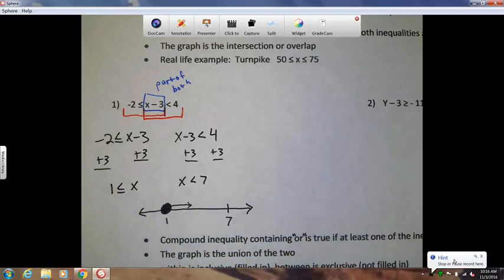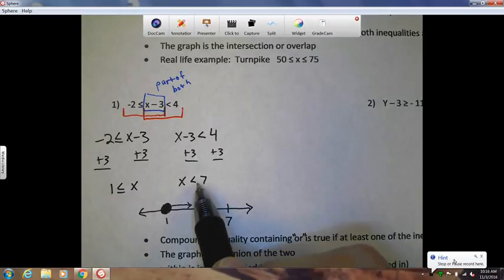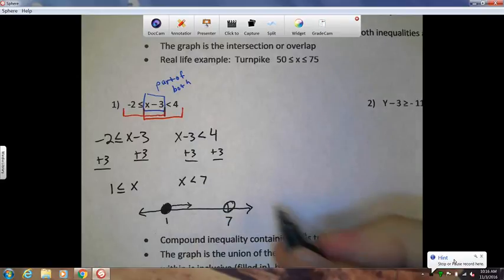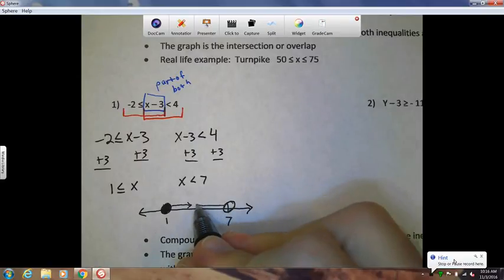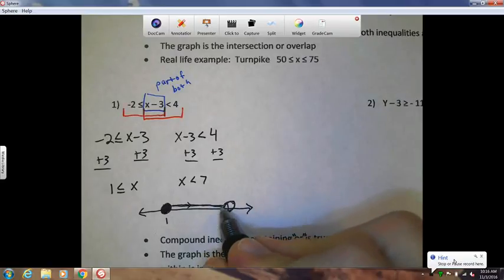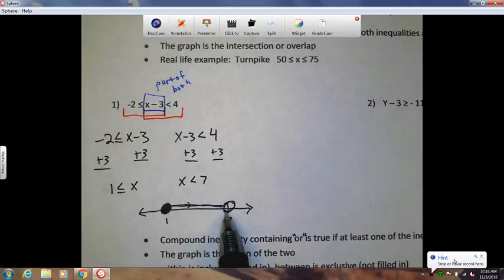Here, it cannot be equal to. Pointing at the variable, so it's going to go left. So here is my graph. It's between these two numbers, including 1. 1 is a possible answer. Everything else is a possible answer up to 7, which is not.